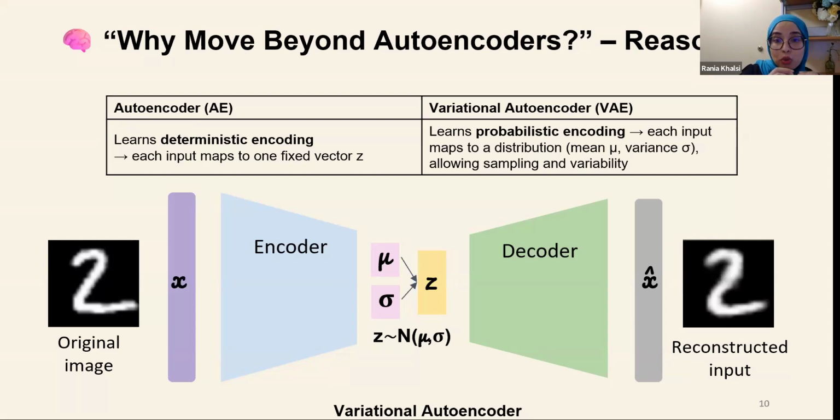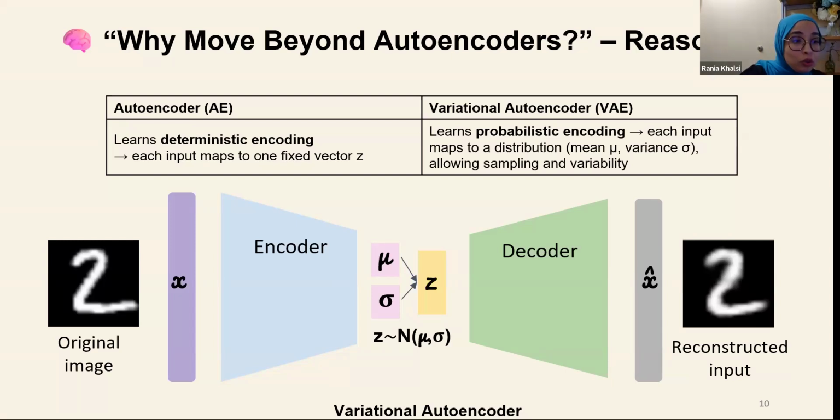So we no longer say this image is going to become this exact vector. No. Instead, the encoder learns two quantities, and they are going to define my vector in the case of variational autoencoders. Let me explain more. These two quantities, here you can see mu and sigma, okay?